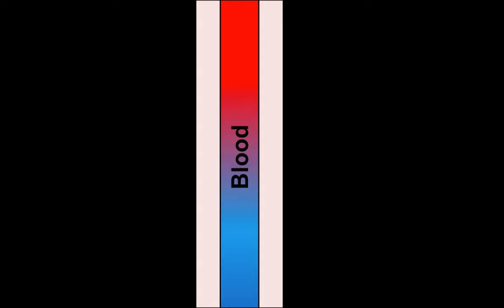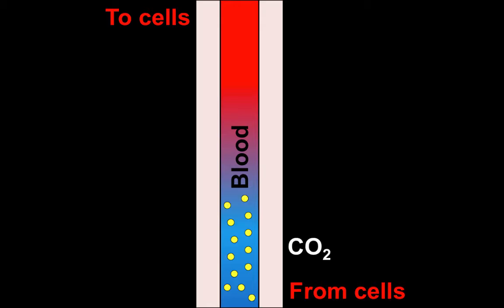So this is just going to represent one of the little parts of the gill. And within the gills, there are blood vessels. So these blood vessels are going to be bringing things from cells and then taking materials to cells. So when they're coming from the cells, they've got a lot of carbon dioxide. Remember, that product of cellular respiration.